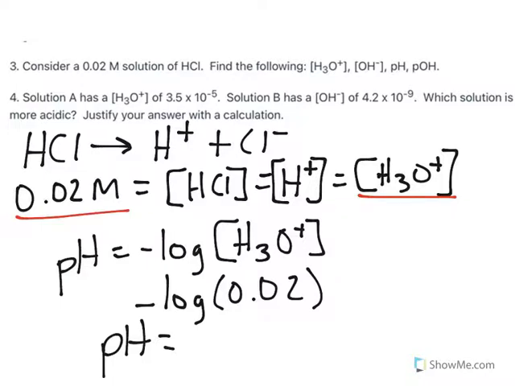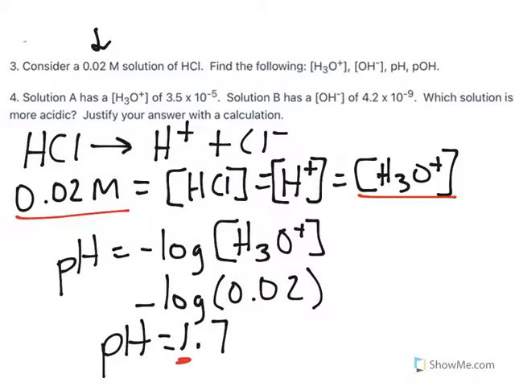Well, not really, I guess. This has one significant digit, so our pH will be 1.7. Again, remember on pHs, the number before the decimal is just a magnitude. It doesn't actually show any significance. So this pH of 1.7 has one significant figure.